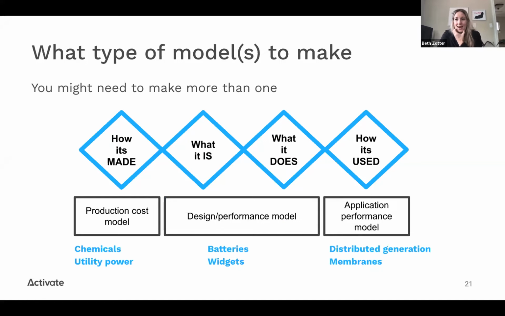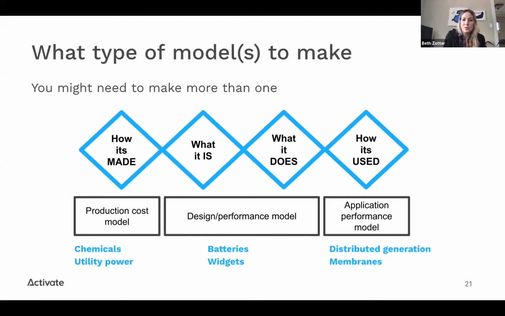But if you're making a component that's going to go into someone else's technology, you're going to need to model how your component performs, so that you can understand the performance advantage that you have in that application.